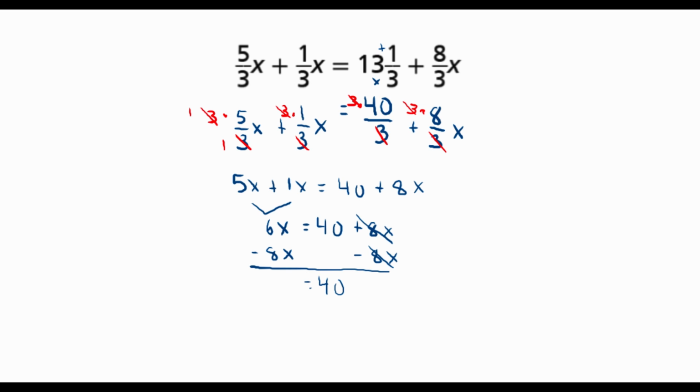Bring down the equal sign, and then 6x minus 8x will give me negative 2x. All right, and finally, I'm going to divide, but now the coefficient is a negative, so I got to divide by the negative 2 on both sides. And finally, x is equal to negative 20.